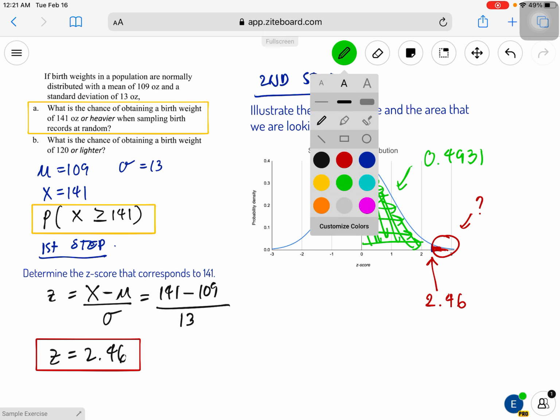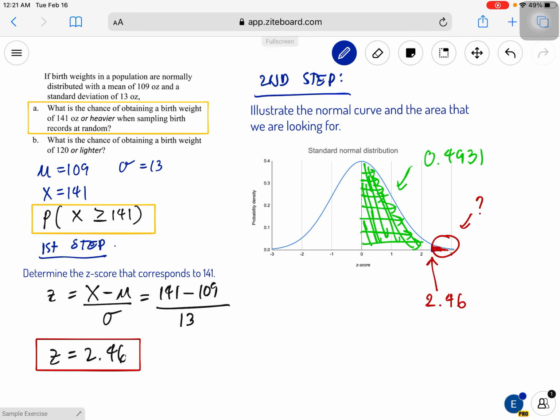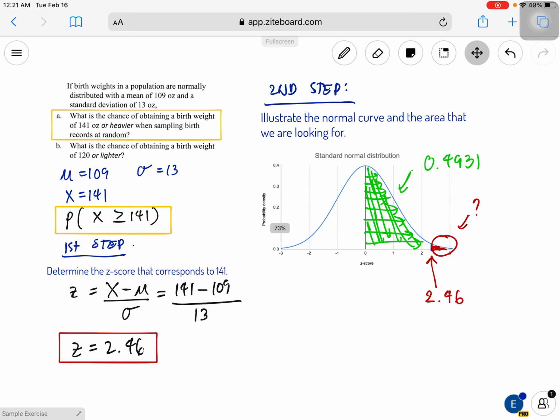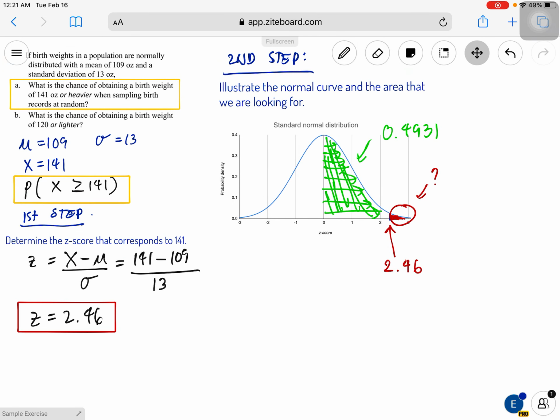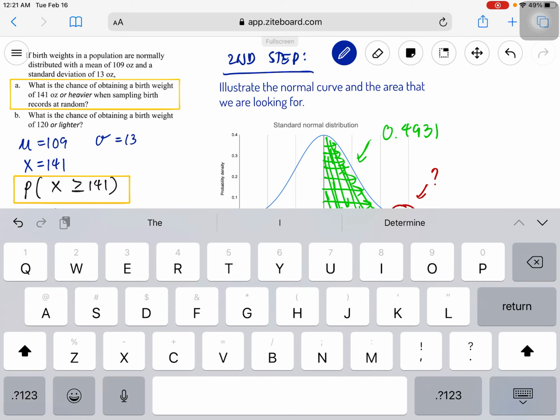Now, this will lead us to our third step. Since we have both the area which 2.46 covers and the area that we're looking for, which is beyond 2.46, what we need to do is just subtract.